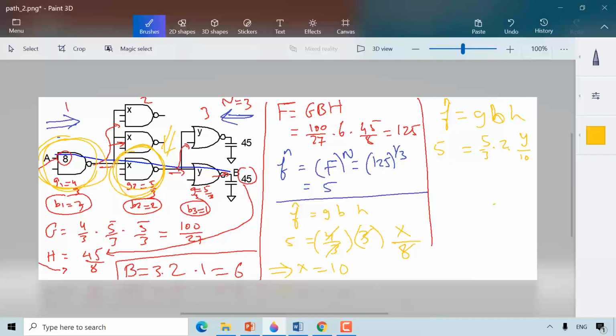Now I can cancel this with this, and clearly Y equals 15. So now I have used this branching business to also optimize and calculate the optimum delay for a multi-stage path using the logical effort.